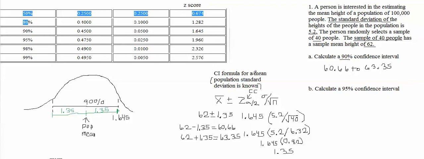If the sample that we selected here with the mean height of 62 is in the lower tail down here, in the lower 10%, then the margin of error won't reach the population mean. It'll come up short, and the entire confidence interval will fall below the population mean. I drew this for you in another video when we were dealing with a small population.